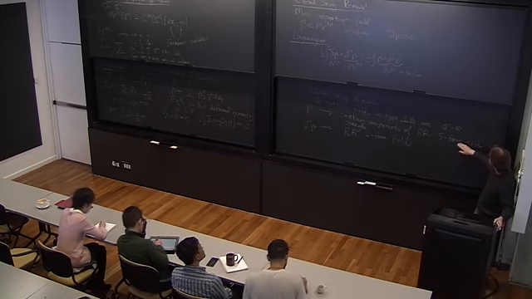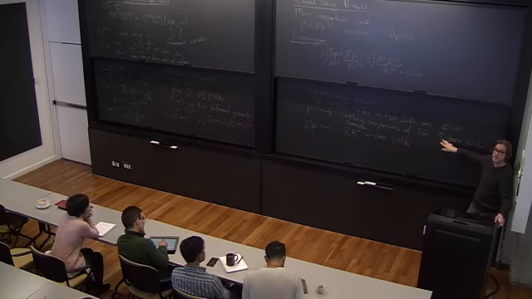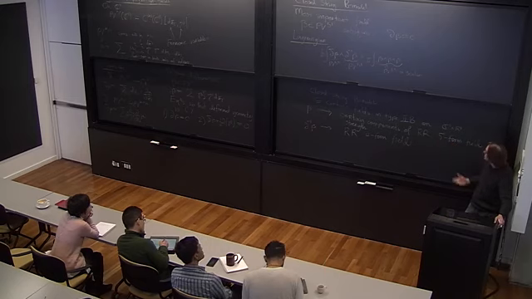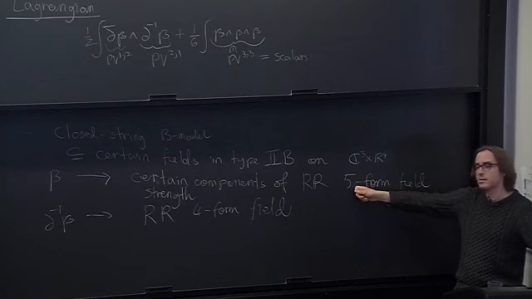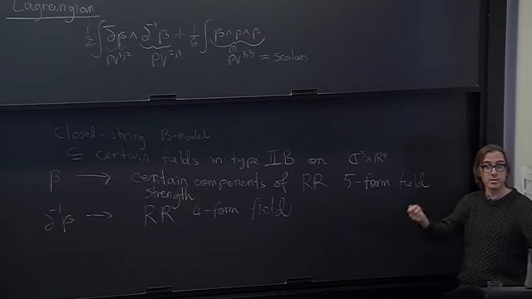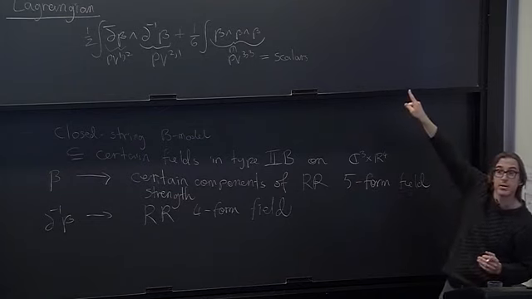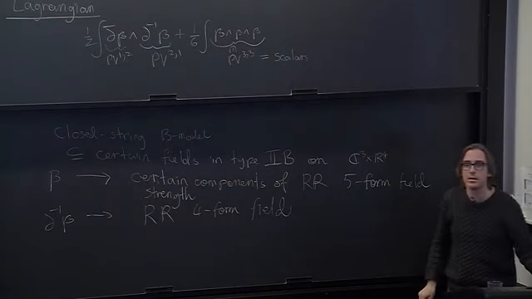In type 2B, you can't really declare that the Ramond-Ramond 4-form is a fundamental object because the Ramond-Ramond 5-form has to be self-dual. So the real fundamental thing is this 5-form, but then you can't write the Lagrangian just in terms of the 5-form because you have to impose the condition that it's closed. That's not part of the equations of motion, it's just a constraint on the fields. So that condition is entirely analogous to this point here.